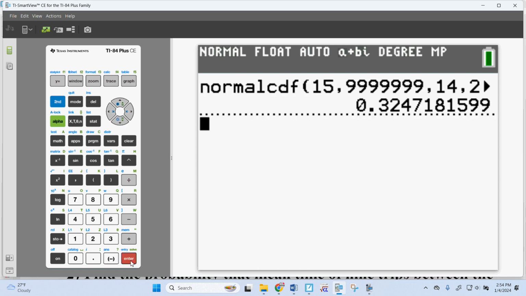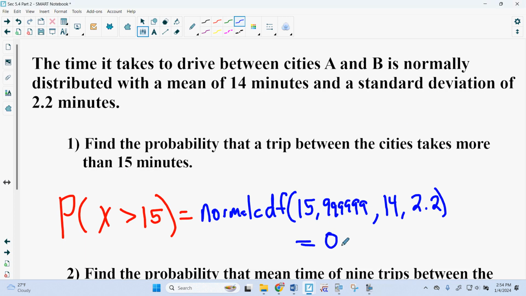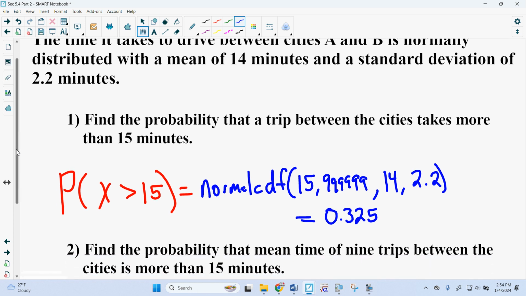So if we paste that, we get 0.325. That is exactly what we did on the quiz earlier. This is what we did last week on the calculator. So that's nothing new. Now let's look at how this can be different.